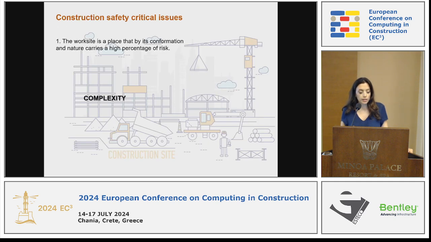The reason why the construction site is such a well-known cause of fatal injuries is that it is a complex environment. The complexity comes from its conformation, the fact that it changes over time, and it also changes location, so we are not in a common industrial factory, and the nature of the environment carries the highest risk.